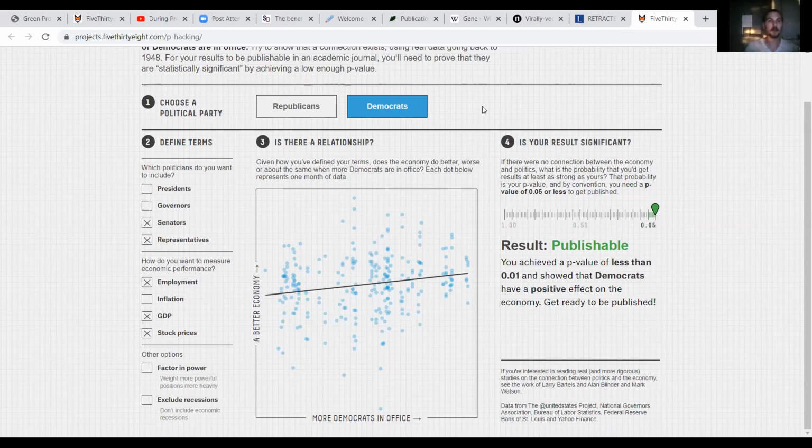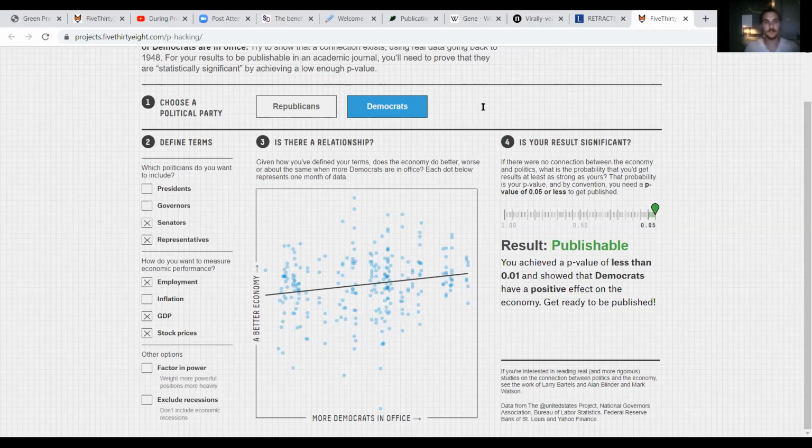And so we're trying to figure out, Democrats or Republicans, who is in office more often when the economy is doing good, or which political party, when in office, is better for the economy.